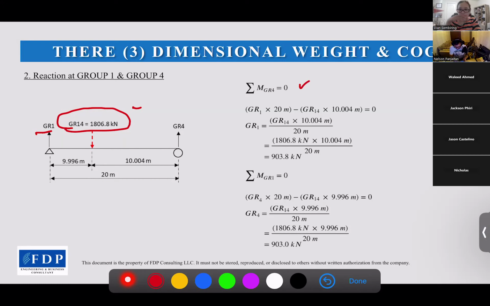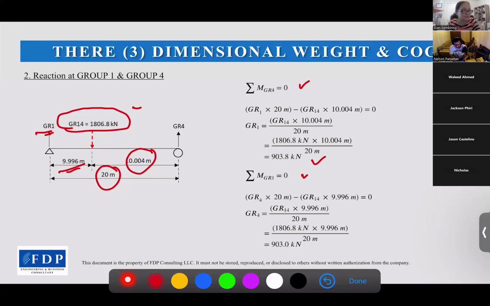To find group 4, we use the total moment at group 1 equals 0. So group 4 times 20 meters minus group 1-4 times 9.996 meters equals 0. Then we get group 4 is 903.0 kilonewton.